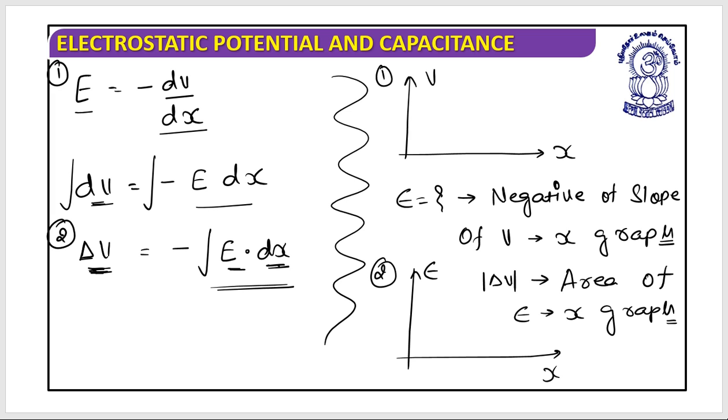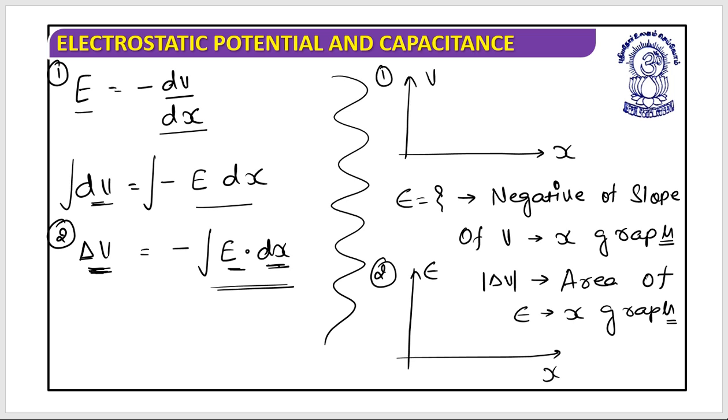If a graph of voltage versus distance is given and you need to find the electric field, then the slope of that graph will give me the electric field. Yes, but it would be the negative of the slope.